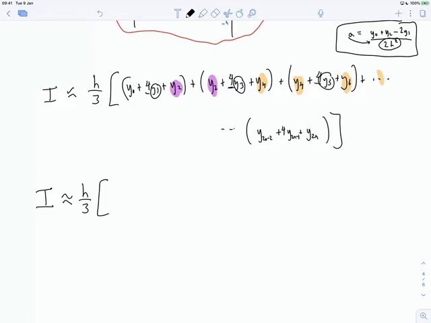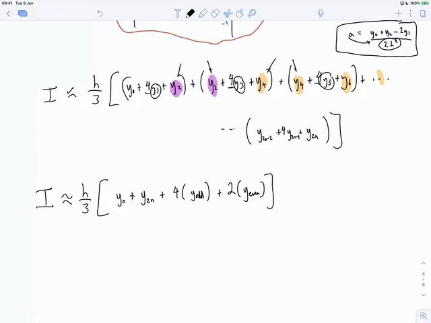And when there's even y's, like y2 and y4, there's going to be 2 of them. So when I do y0 plus y of 2n, so first plus the last, and then I'm going to have 4 lots of y and then the odd numbers, and then plus 2 lots of y, and then this is going to be the even subscripts.